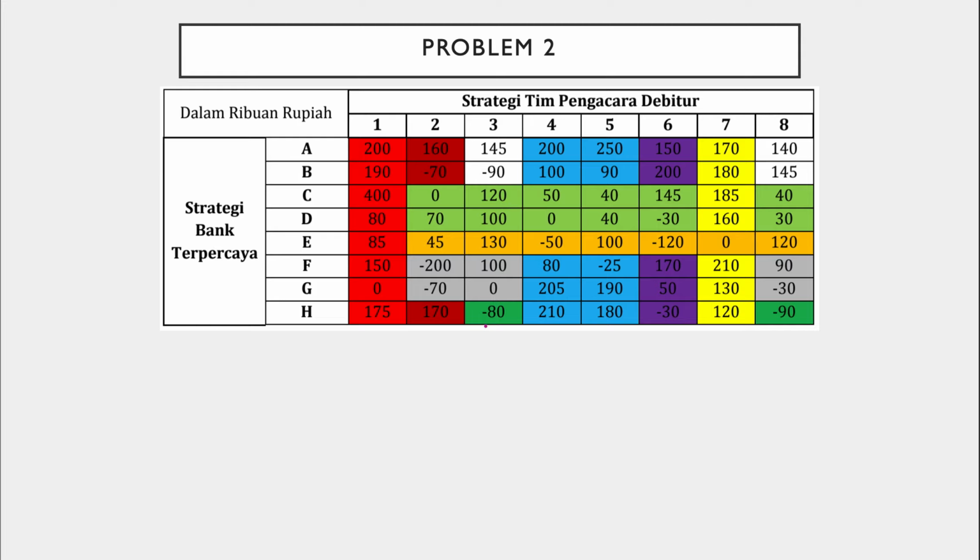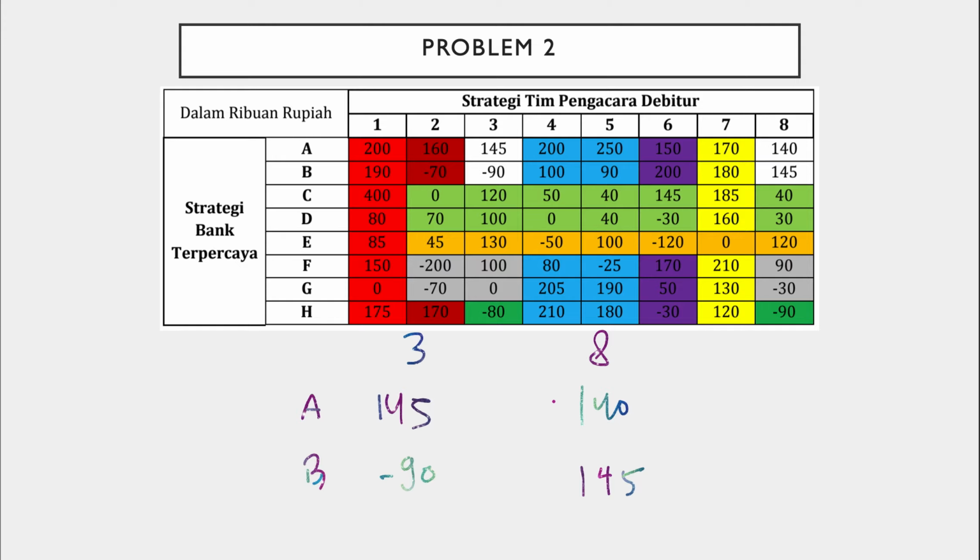After the comparing and elimination, you will get a 2 by 2 matrix, with strategies A and B for Bang Terpercaya, and 3 and 8 for the Attorney Team. This has the values 145, minus 90, 140, and 145.